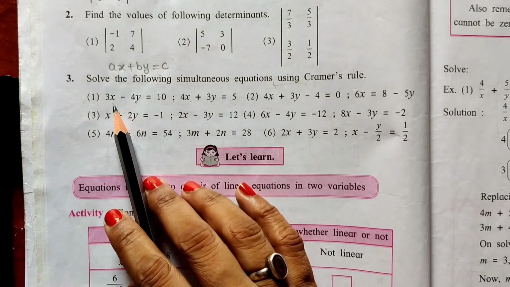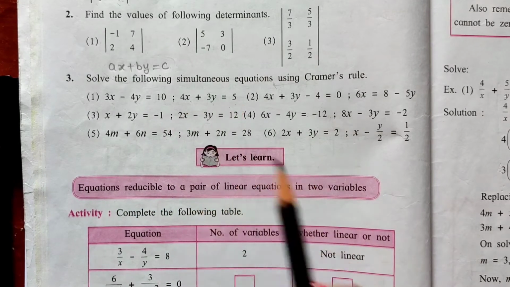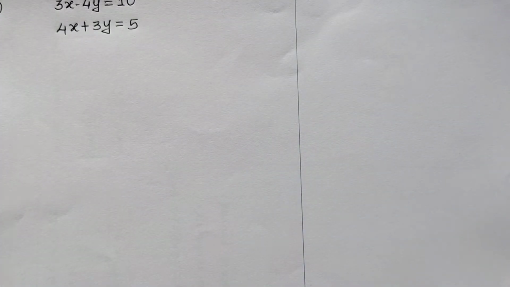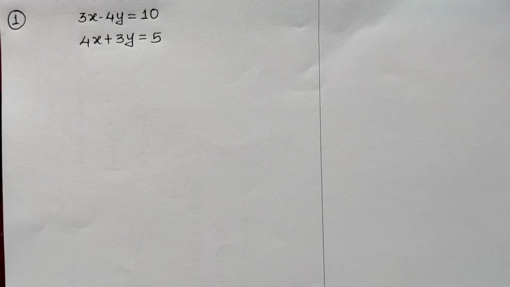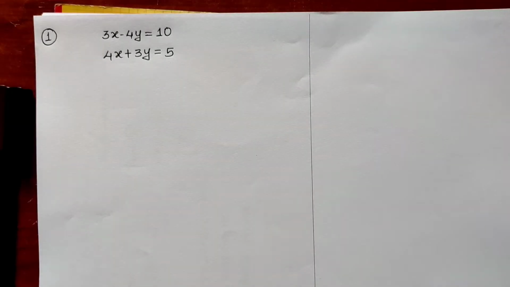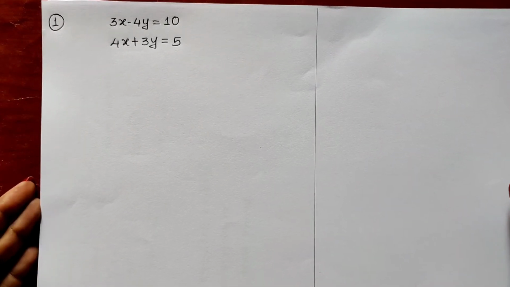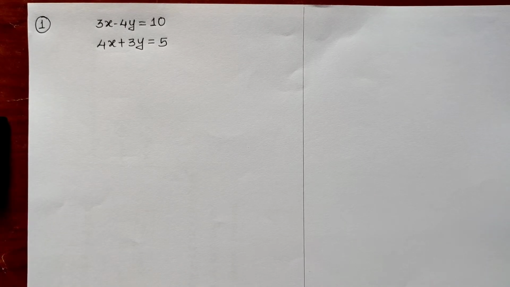First sum, the two equations are 3x minus 4y is equal to 10 and 4x plus 3y is equal to 5. So I have written the equations on my page. I will zoom in so you all can see it very clearly. Now see children, I will be writing the solution here.